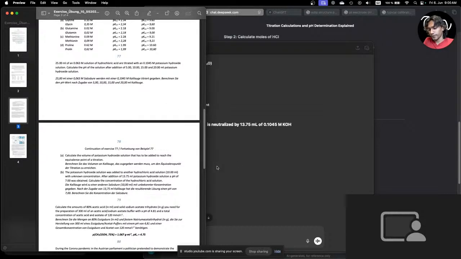The potassium hydroxide solution was added to another hydrochloric acid solution with unknown concentration. A pH of 7 was obtained. So the part 2 question is also based on the equivalence point.